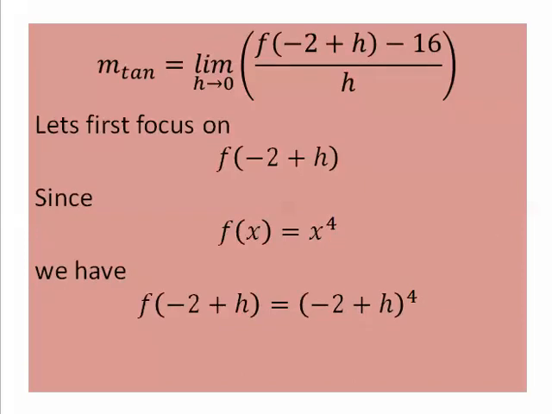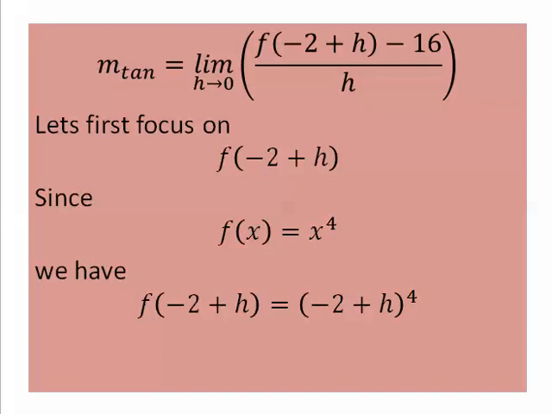And what I'd like to do first is focus on f of -2 plus h. That is probably the most complex part of the quotient that we're looking at. Well, what f does is it raises whatever it sees to the fourth power. Right now what it sees is -2 plus h.